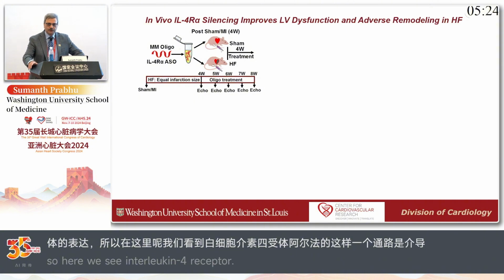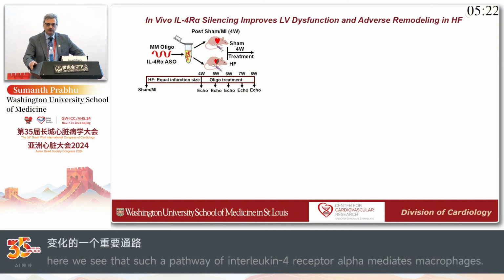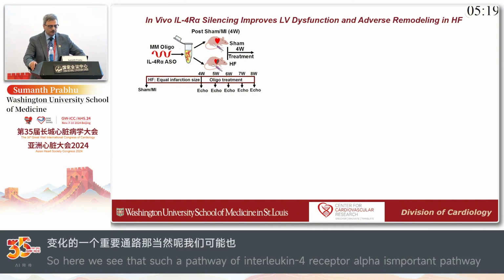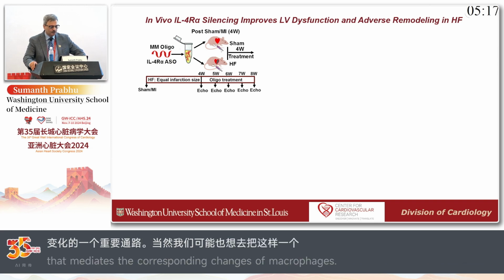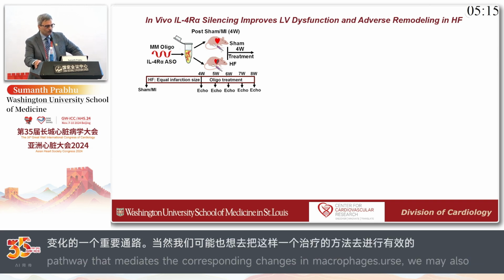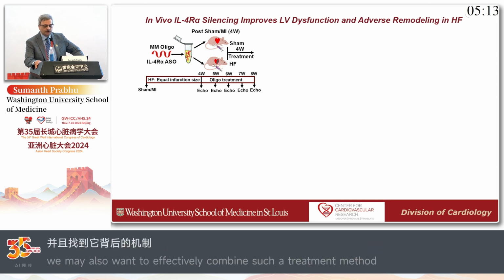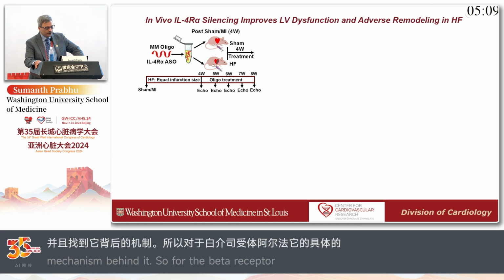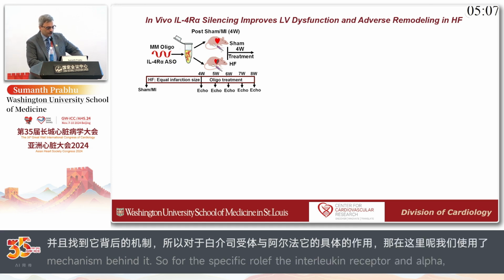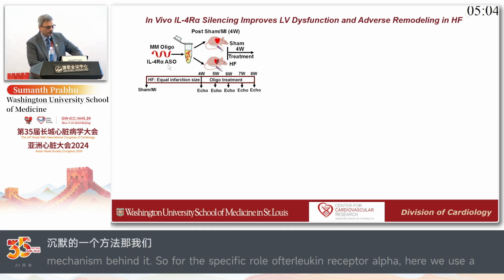So we then wanted to combine a therapeutic approach as well as a mechanistic approach for what is the role of IL-4 receptor alpha in these cardiac macrophages. And here we use gene silencing. So we gave antisense oligonucleotides, abbreviated here by ASO.